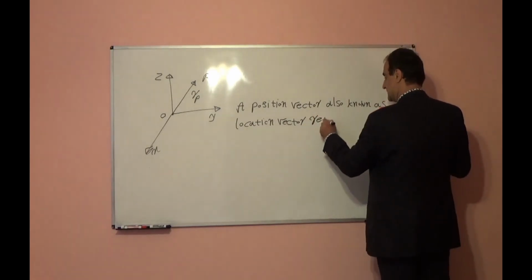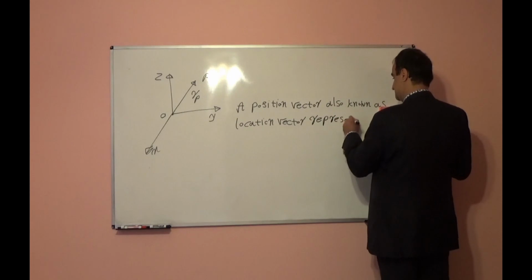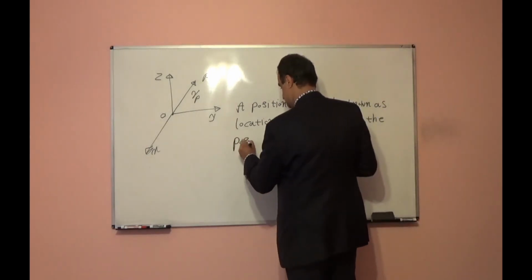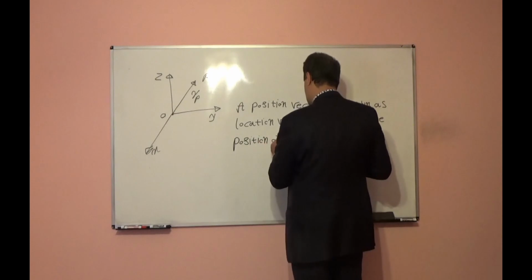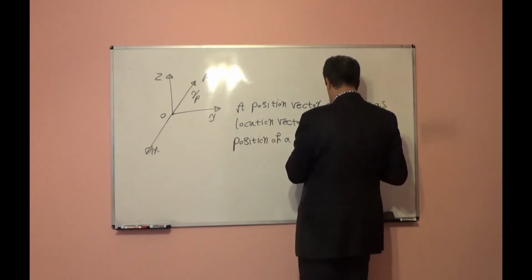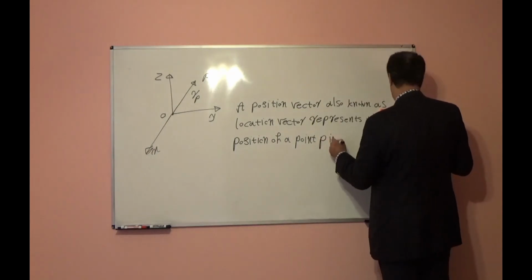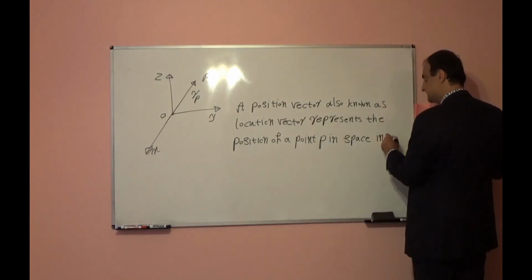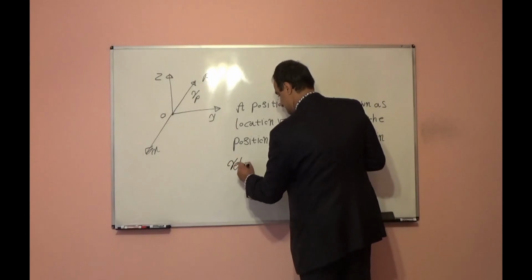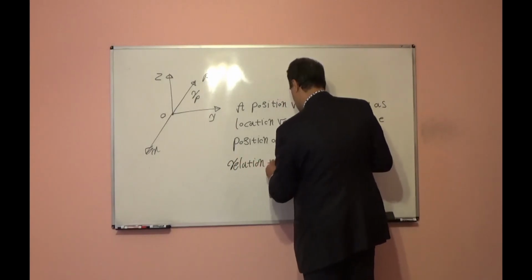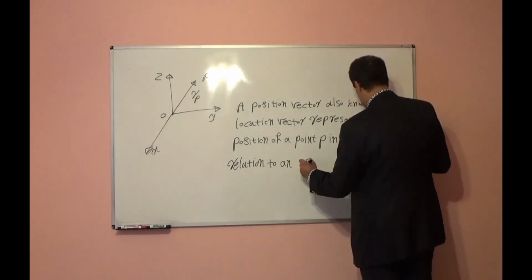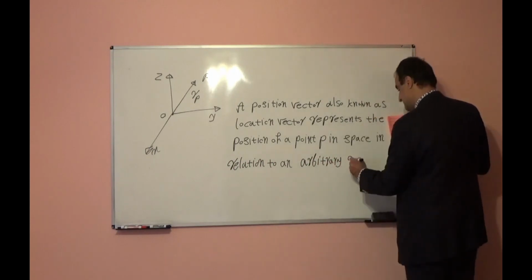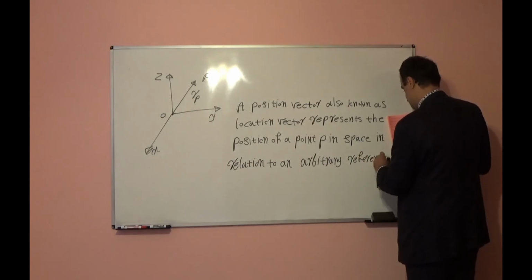It represents the position of a point, for example point P, in space, here in 3D space, in relation to an arbitrary reference origin.